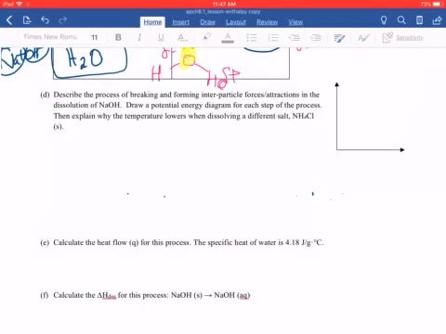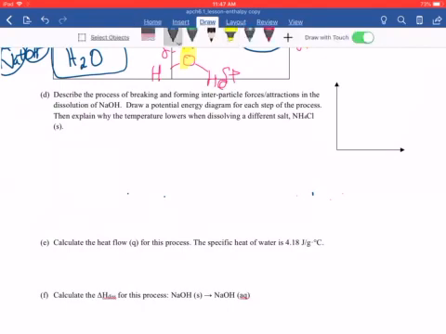So for the first step for sodium hydroxide, we had to actually break the NaOH ionic bond. It's an ionic bond because it's a cation with an anion.